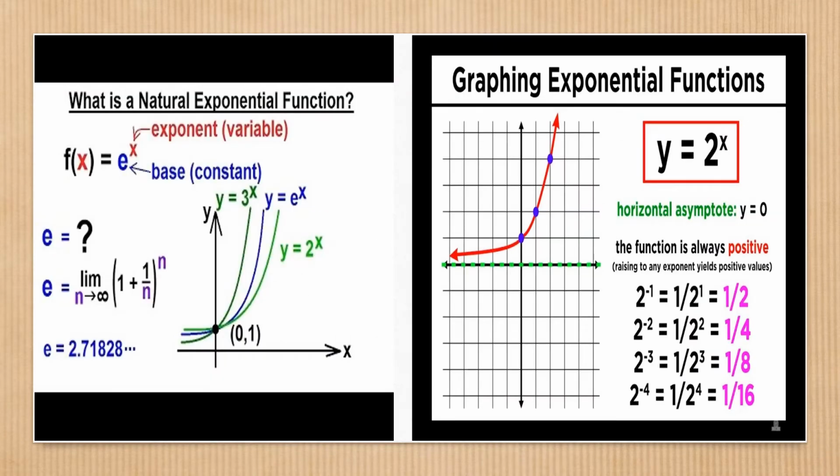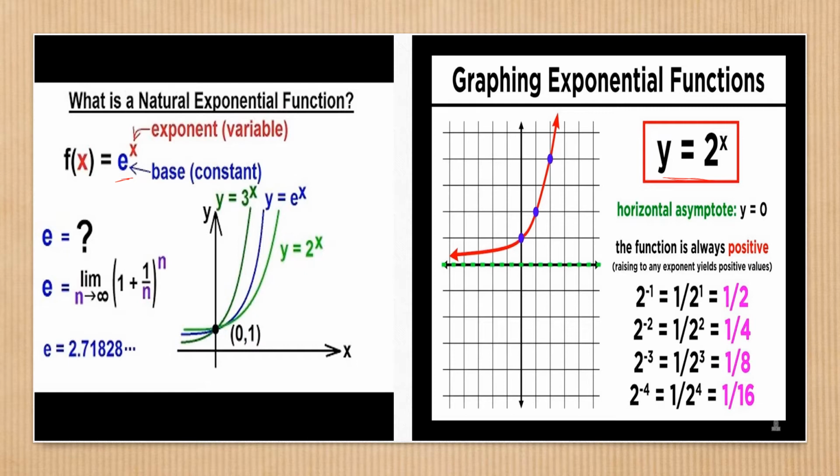Now the difference between what we call your e raised to power x function and y is equal to 2 raised to power x. When we defined our exponential function, we found that some number was raised to the power x, like here 2 raised to power x, 3 raised to power x.